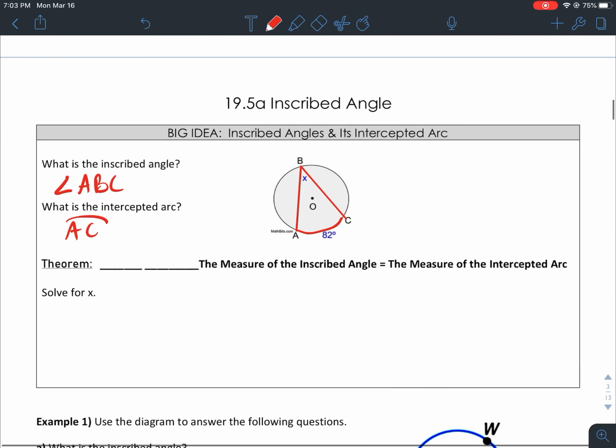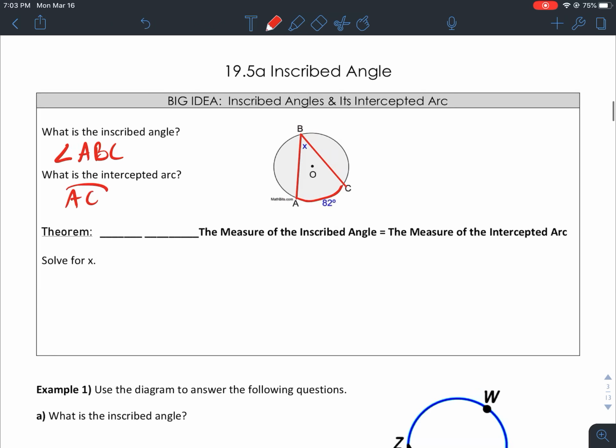All right, and for this one, the theorem is that 2 times the measure of the inscribed angle is equal to the measure of the intercepted arc. So what does that mean? This 2x is going to be equal to 82. 2 times the measure of our inscribed angle, which in this case is x.